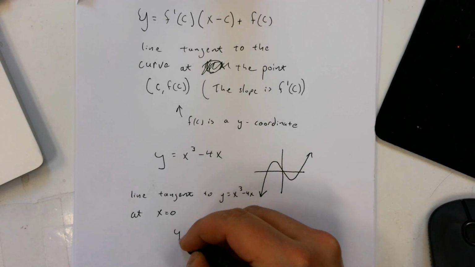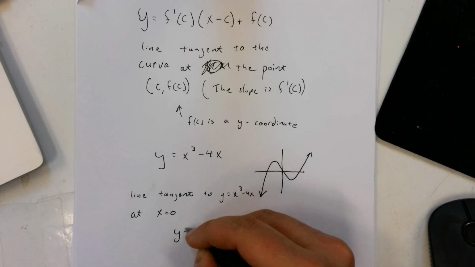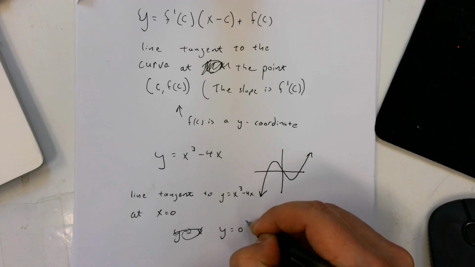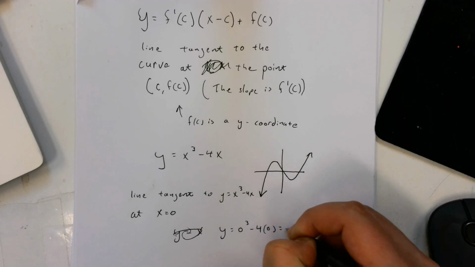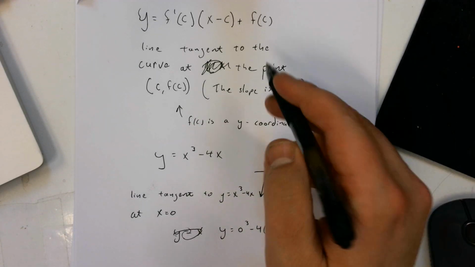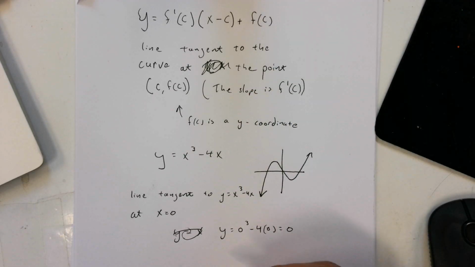My y coordinate will be y equals 0 cubed minus 4 times 0. That'll equal 0. That's going to be my y coordinate that I plug in up here above.